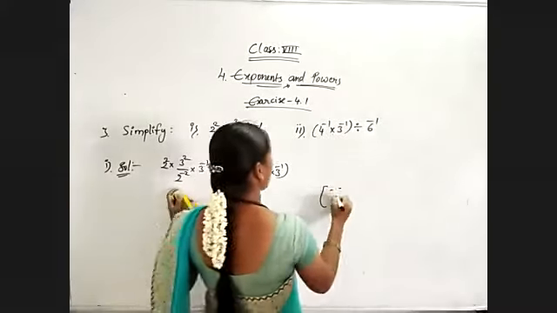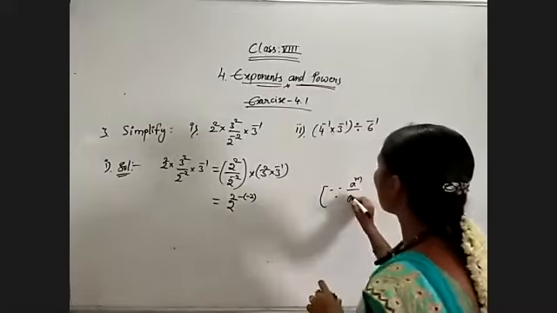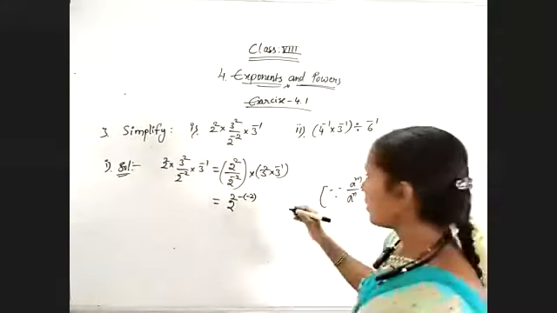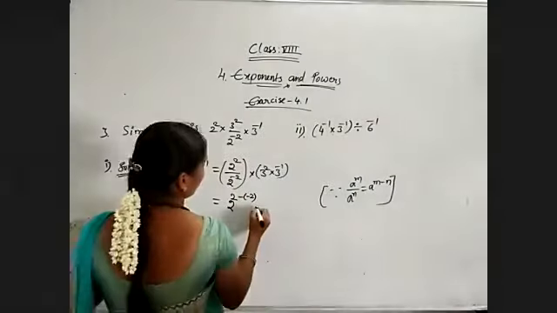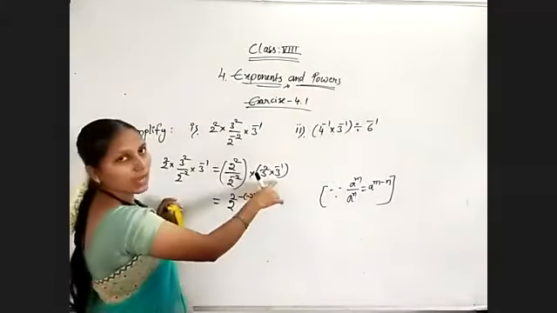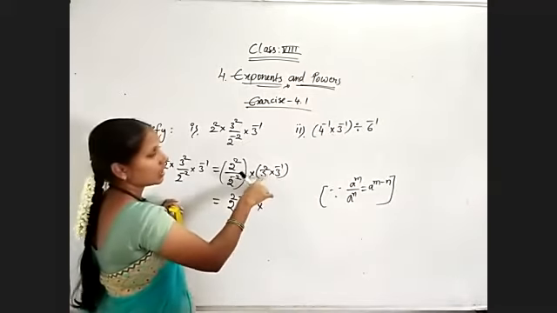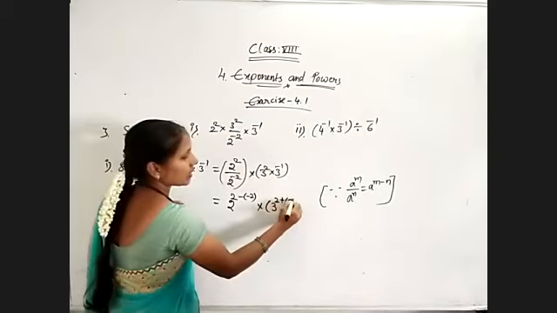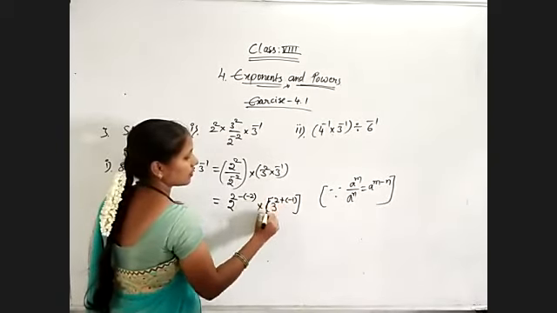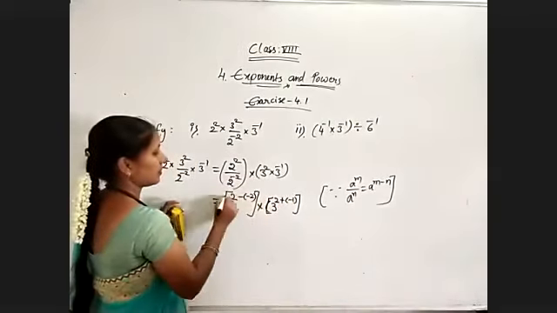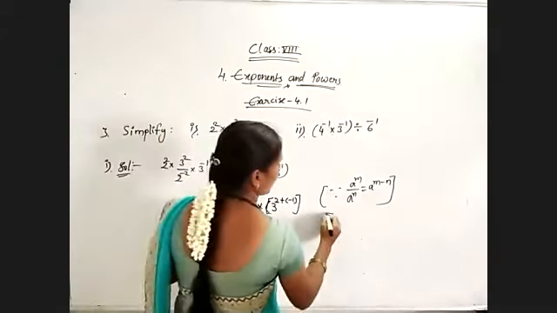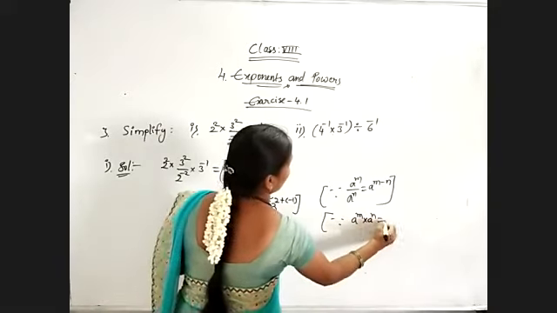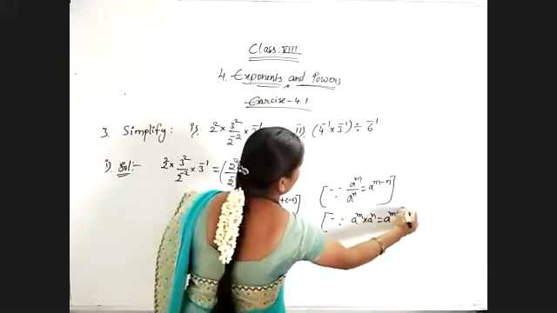Since we have used the formula a power m by a power n equal to a to the power of m minus n, now for the 3s, which also have the same base, a power m into a power n is equal to a to the power of m plus n.